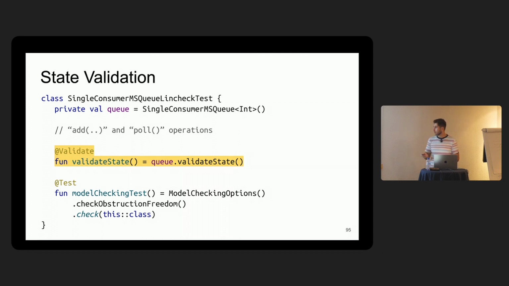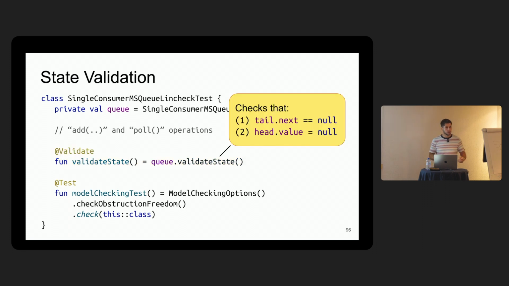So for example, in our queue, what we can check is that the tail pointer references the last node in the linked list, so the next field is null. And we also can check that in the dummy node referenced by head, we don't store any element, because if we do, we have a memory leak. Once we extracted the element, it should no longer be in the queue.